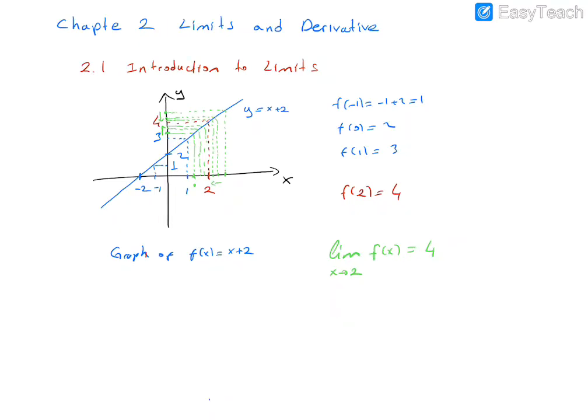Note that f of 2 is 4. There is no problem. The value of the function at 2 and the limit of the function as x approaches 2 are the same. In the future, this situation will be called continuity at the given point.